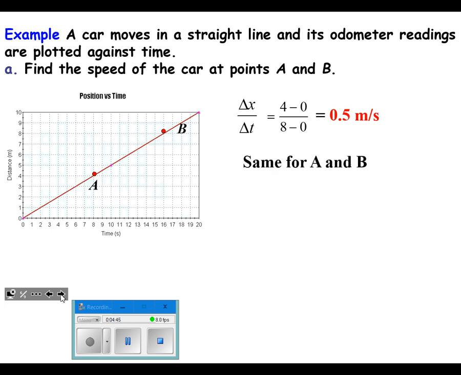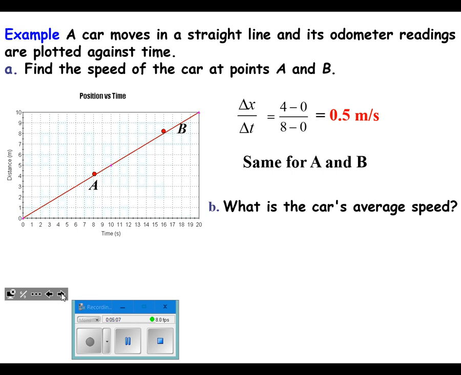Well, if I look, since it's on a straight line, B is actually going to be the exact same thing because it would be 8 minus 0 and 16 minus 0, which would give me 0.5. So whenever you have a linear line like this, then the velocity is constant. So it's the same for A and B.